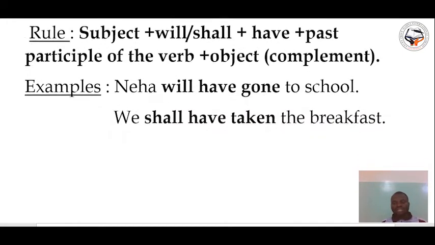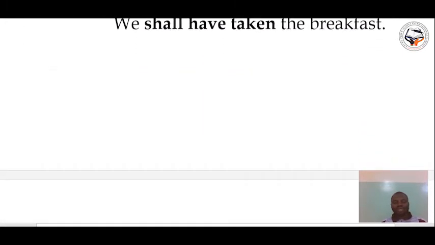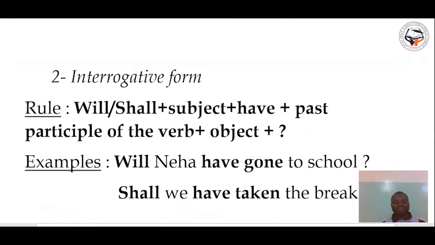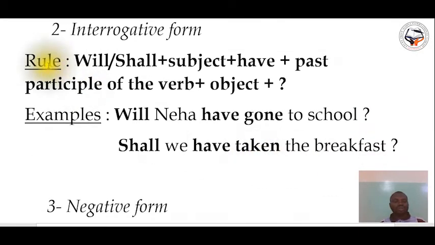Now, let's see the interrogative form of the future perfect. The rule is that the sentence starts with will or shall according to the subject. You take will or shall plus the subject plus have plus past participle of the verb plus the object plus the question mark.